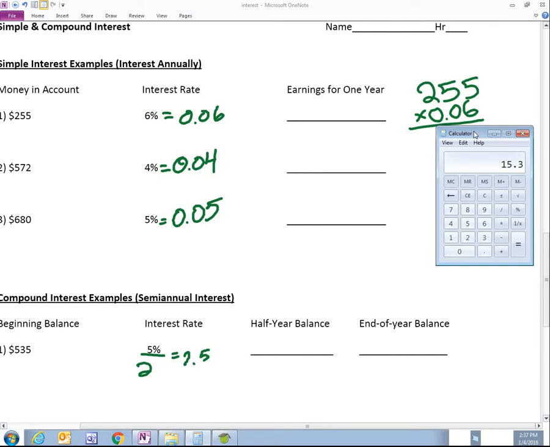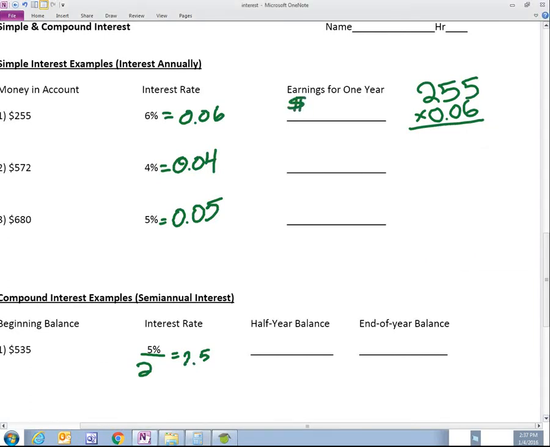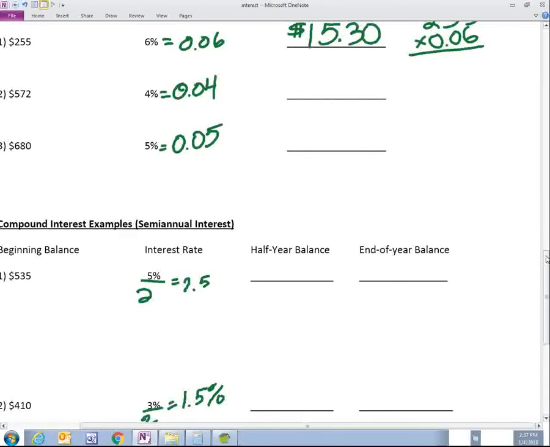And it's asking me how much is the interest? $15.30. Next, 572 multiplied by 0.04.